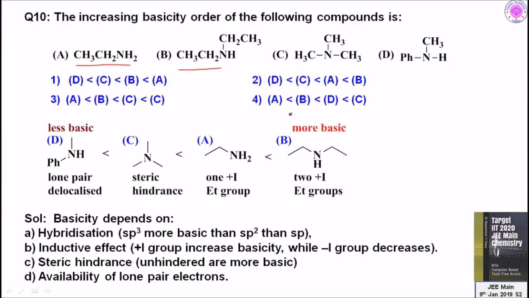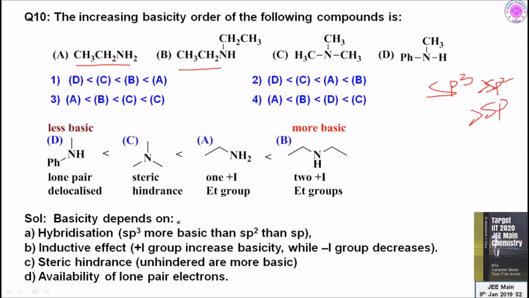First one is hybridization. Let us see the hybridization. sp3, sp3, sp3, sp3, all are sp3. We know that sp3 hybridized amines are more basic than sp2, then sp, but all are sp3 only here. You cannot differentiate the strength of basicity based on hybridization here.